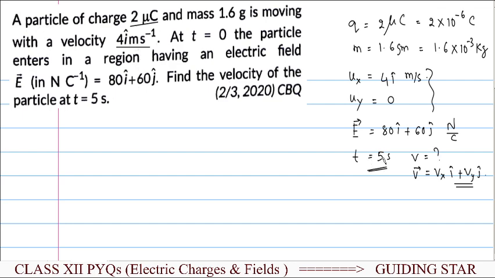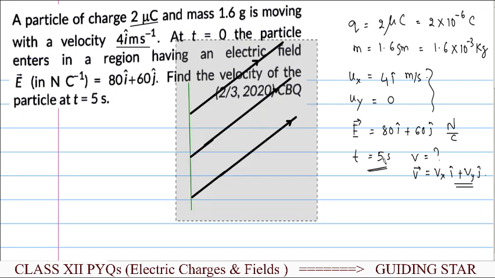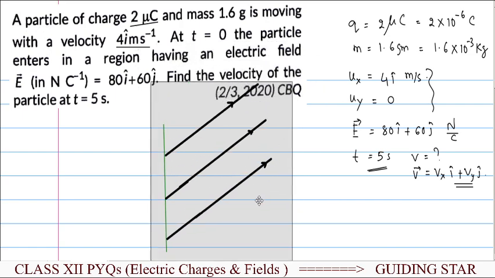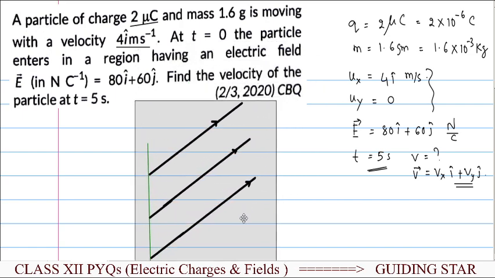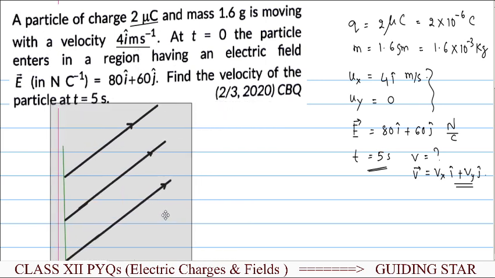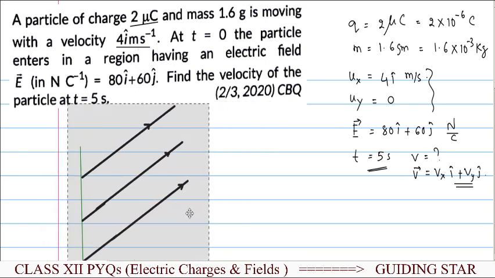So here in this particular case, let me draw the electric field first. Assume that this is the electric field, and this is the situation over here. This is the electric field which is present in the xy plane, and at t equal to 0, the charged particle enters.